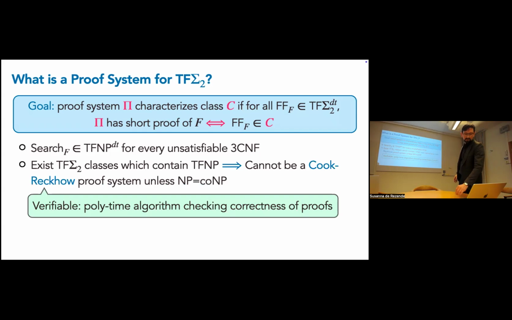And so if you had a Cook-Reckhow proof system characterizing one of these TF sigma 2 classes, then you'd be able to prove every unsatisfiable 3CNF formula, and NP would equal co-NP, which is not what we think. So it can't be a Cook-Reckhow system.